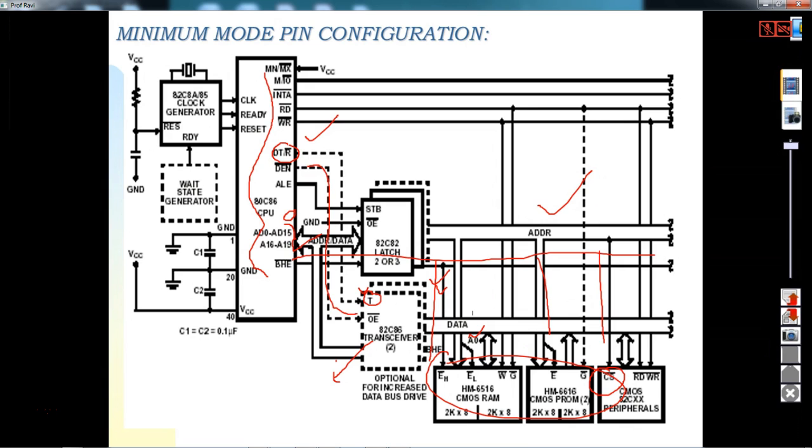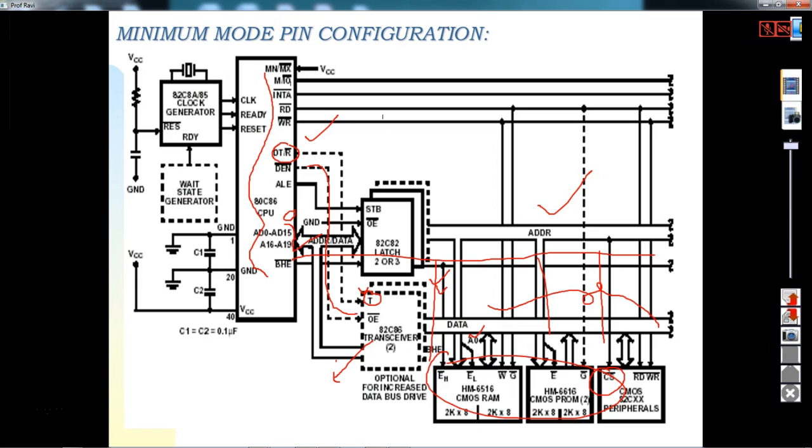And the output is data, that is 8-bit or 16-bit, from your memory or IOs. So this is the minimum mode of operation of 8086 and the working of these pins of the processor in minimum mode. Is this clear? So these are the hardware details of 8086.